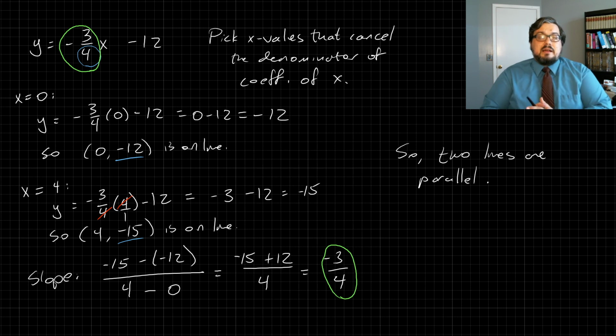And that's really all there is to it. If you can compute the slopes of two lines and find that they are exactly the same, that means those two lines were parallel to begin with. Now let's talk about perpendicular.